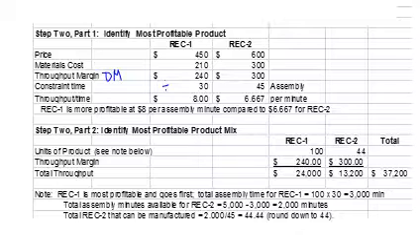If we use 3,000 minutes, there's 2,000 minutes left. REC2 takes 45 minutes, so if we divide the 2,000 remaining minutes by 45 minutes per unit, we will be able to complete 44 units of the other model of the hearing aid.